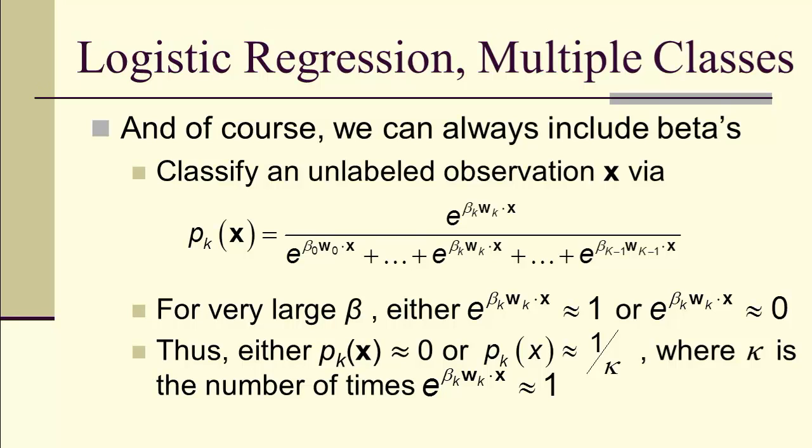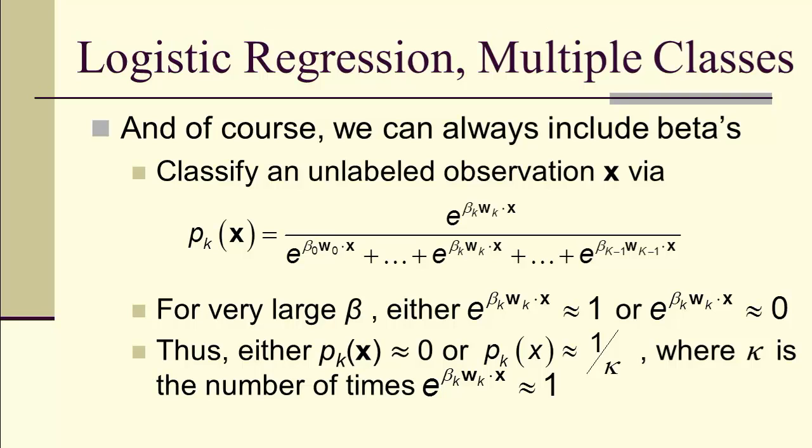So this means that we have p sub k of x is equal to 0, or p sub k of x is 1 over kappa, where kappa is the number of times that e to the beta sub k w sub k dot x is approximately 1.